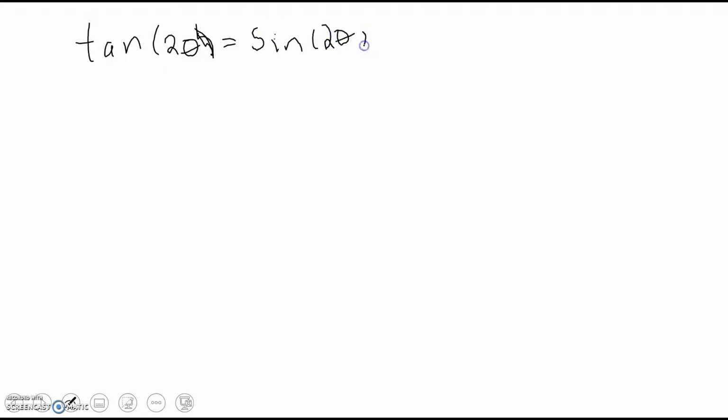Now we want to find the tangent of 2 theta, and we can actually just use the sine and cosine to find the tangent. So tangent of 2 theta is going to be equal to the sine of 2 theta over the cosine of 2 theta.